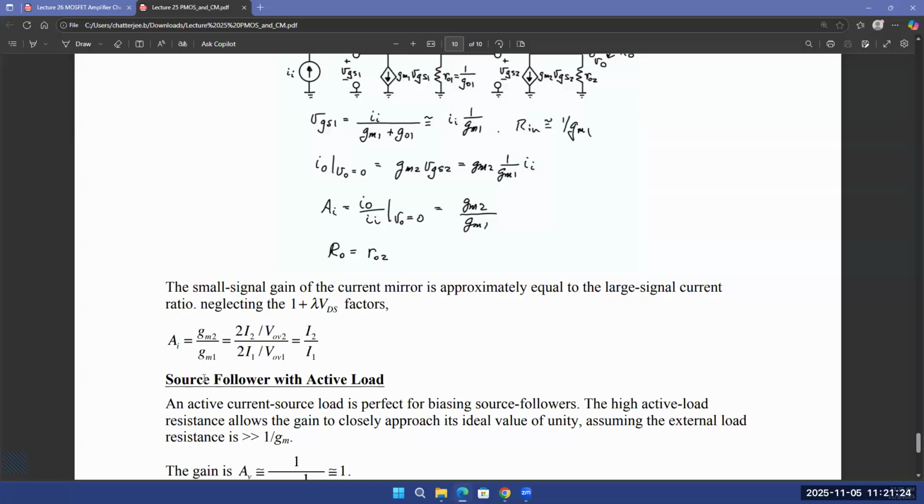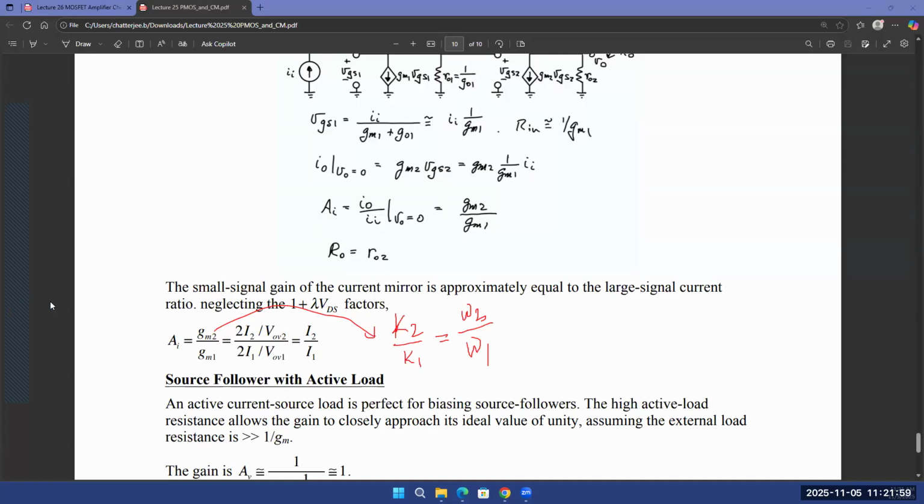So K2 over K1. So gm2 over gm1 is equal to K2 times Vov2 divided by K1 times Vov1. Now the overdrive voltages are equal, so this is equal to K2 over K1, and K2 equals K2 prime times W over L, and K1 equals K1 prime times W over L. So eventually it boils down to W2 over W1 once again. I'm not going through the AC small signal analysis, I'll leave that up to you, but it's the same analysis that we have done time and again in the course.